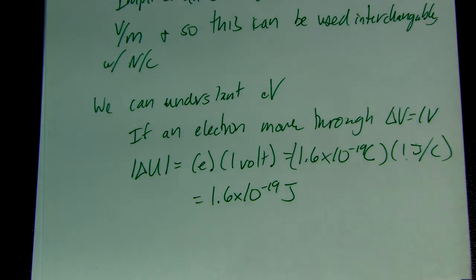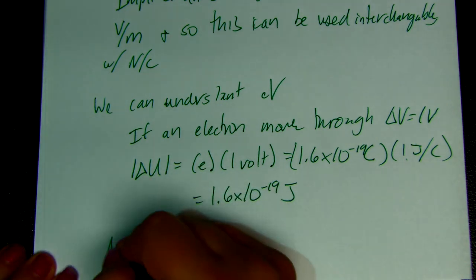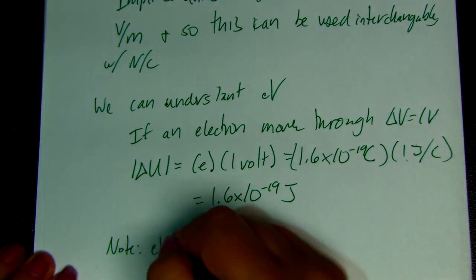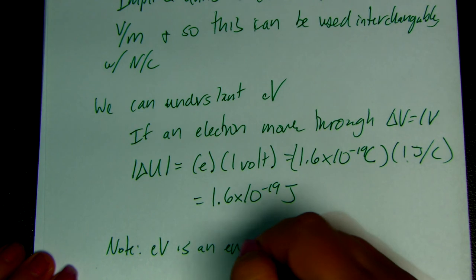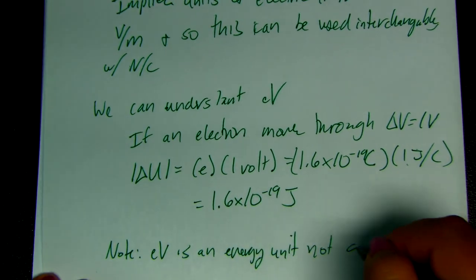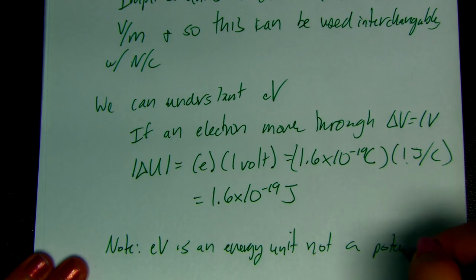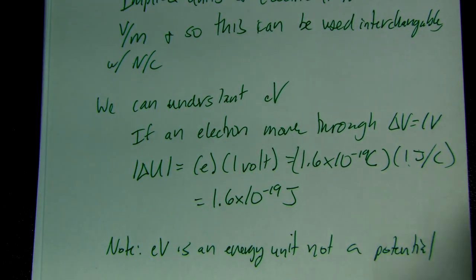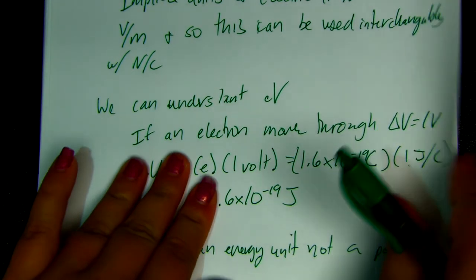So now you know what an electron volt is, which I implied last semester we would get to. So, an electron volt is an energy unit, not a potential.